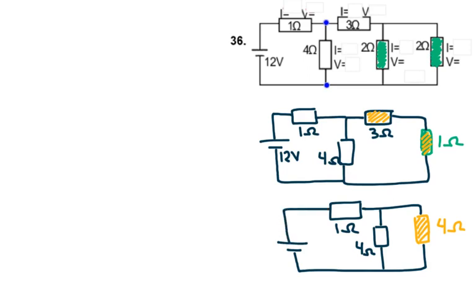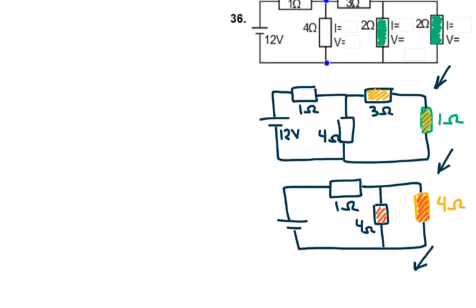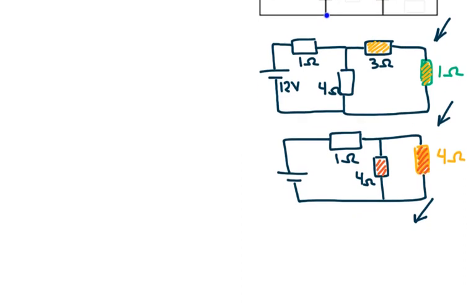And here I see that these two resistors are again in parallel. So I can rewrite them, so I'm following this path, right? From this circuit to this circuit. Then the next one is going to be, maybe I'll just scroll down here.